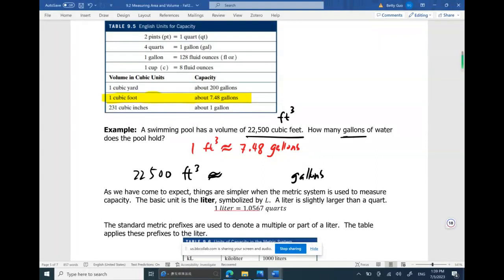We get a larger number, 168,300 gallons, because gallon is a smaller unit. The number in front of it must be bigger. How many times bigger? 7.48 times bigger.